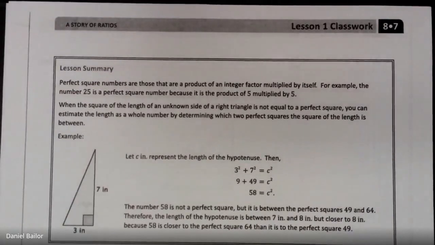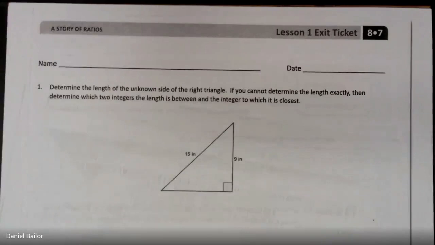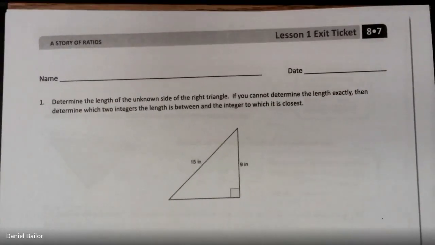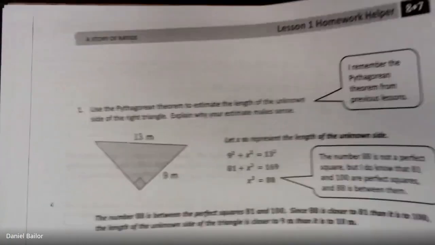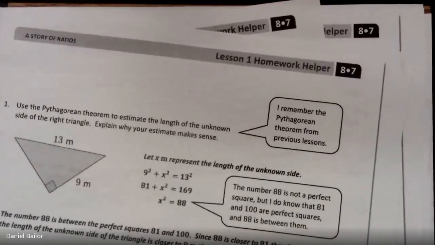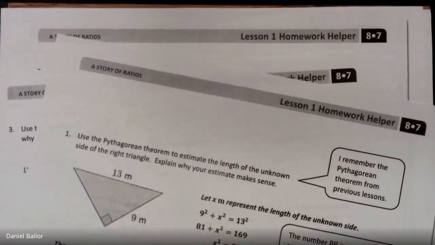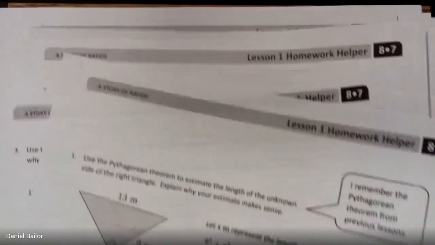Page 4 of this lesson is the lesson summary you can look at. Page 5 is the exit ticket. Let me slide that to the back. Pages 7, 8, and 9 are the homework helper pages if you need a little bit more guidance and some examples.